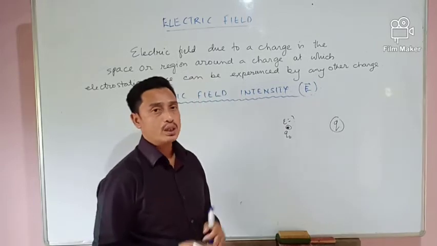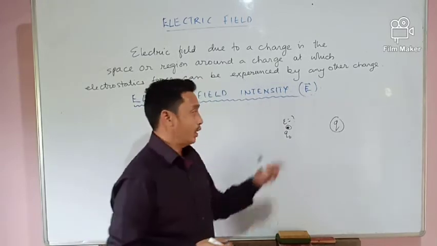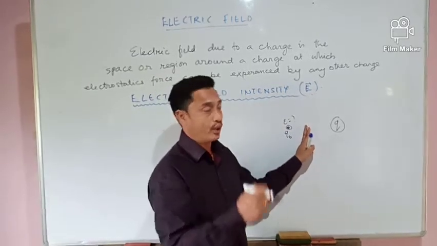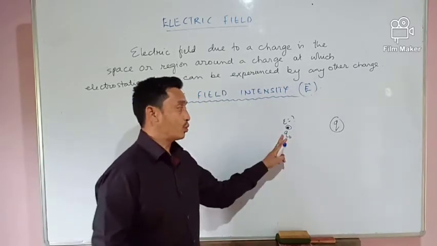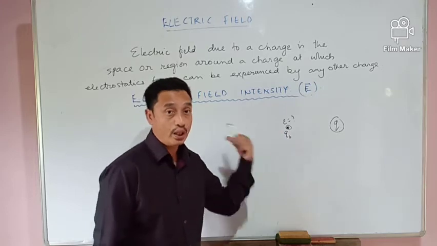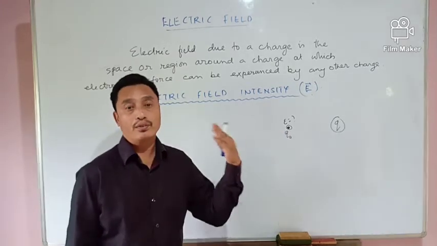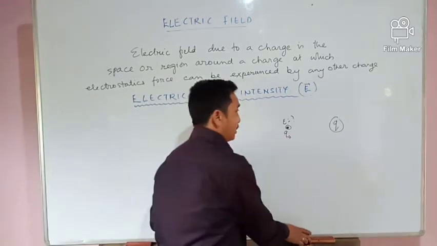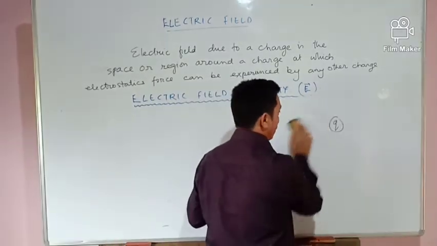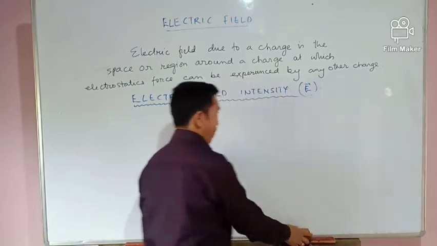That is what we call electric field intensity. If the force experienced is more, that means the electric field intensity is more. If the force experienced on this particular charge is less, that means the electric field is weak in that region. So that is why we speak of electric field intensity at a point or due to a charge.